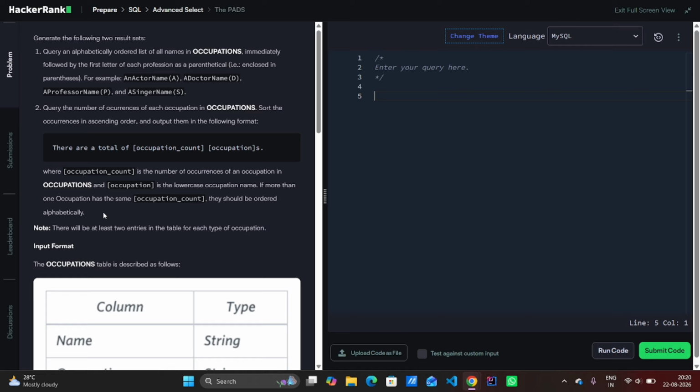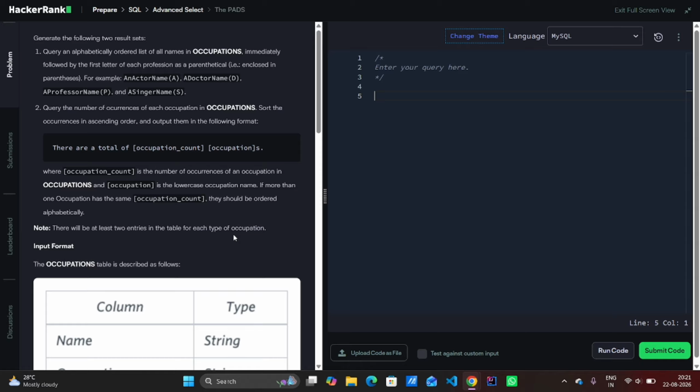If more than one occupation has the same occupation count, they should be ordered alphabetically. Note, there will be at least two entries in the table for each type of occupation.